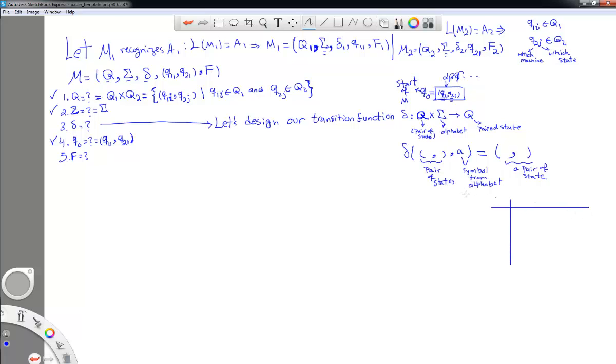So the way it looks is that delta is basically from Q cross sigma. Sigma here, remember, was the alphabet A, B, C, D, whatnot. And these guys were Q sub somethings, right?